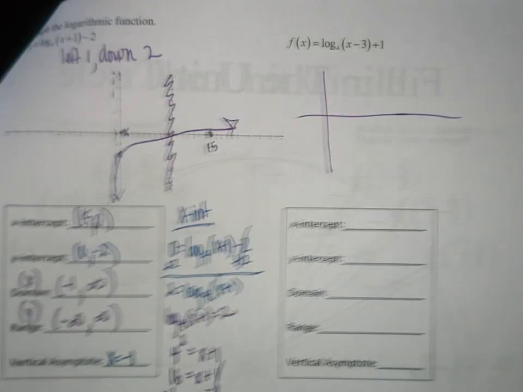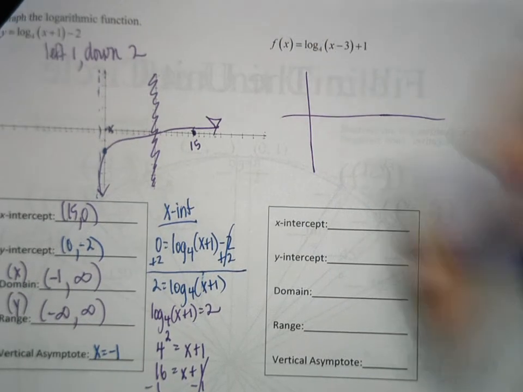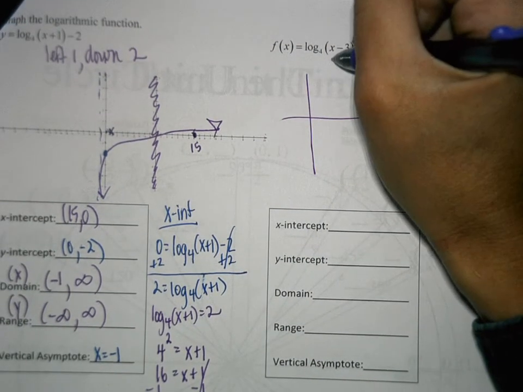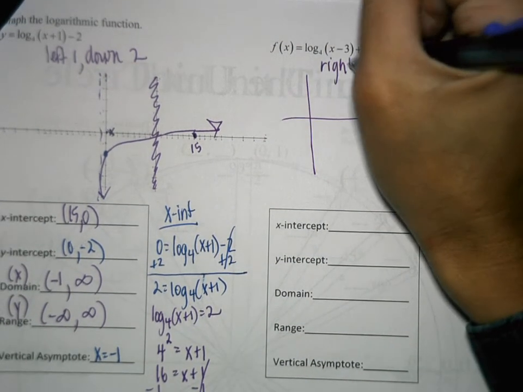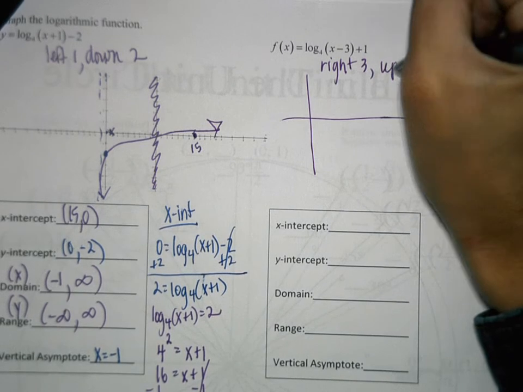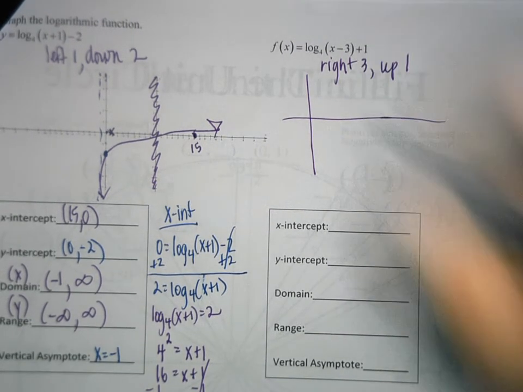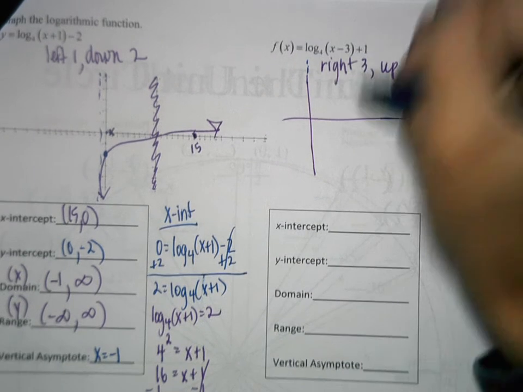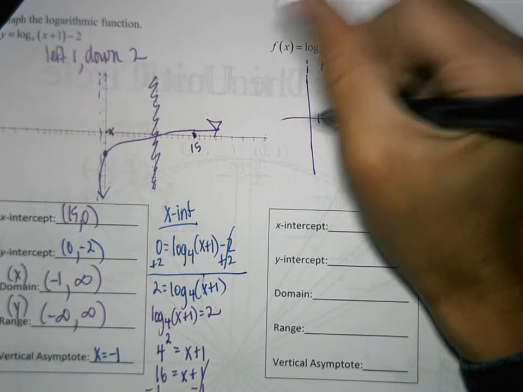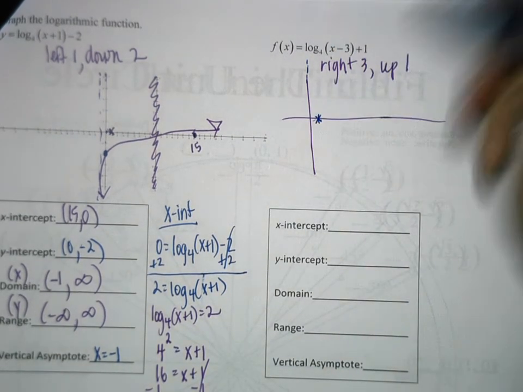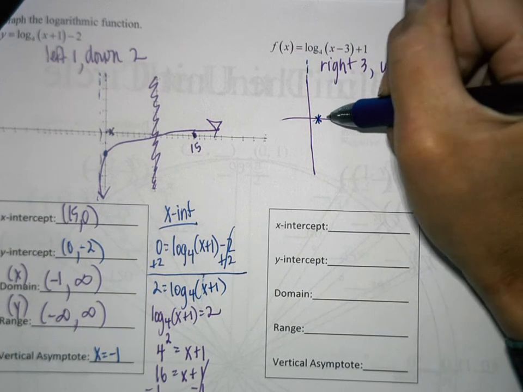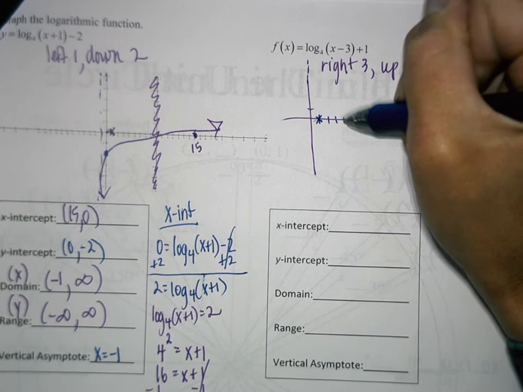Okay, going over here on this second one to graph, this one is going to shift or translate right 3 and up 1. And so our original function, remember, has a vertical asymptote at x equals 0 and a point at (1, 0). So this is going to go right 1, 2, 3 and up 1.